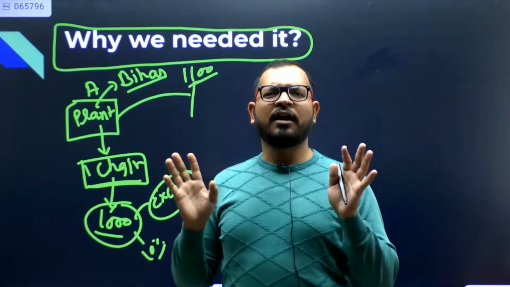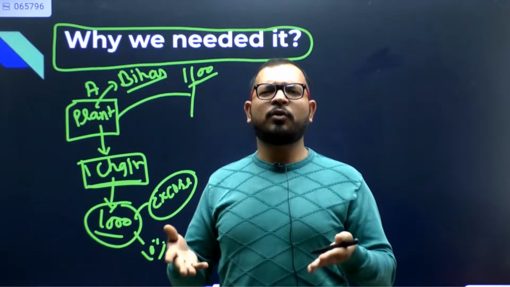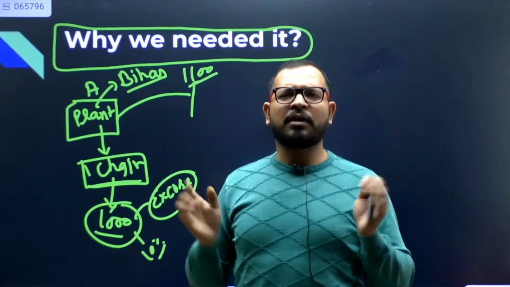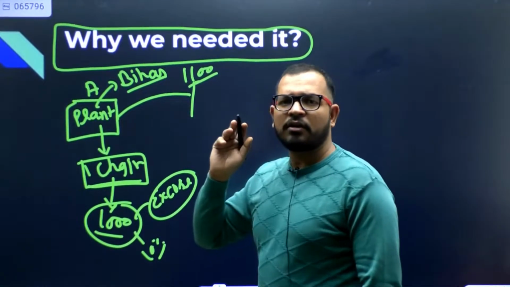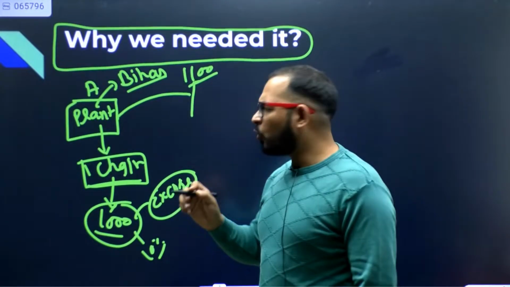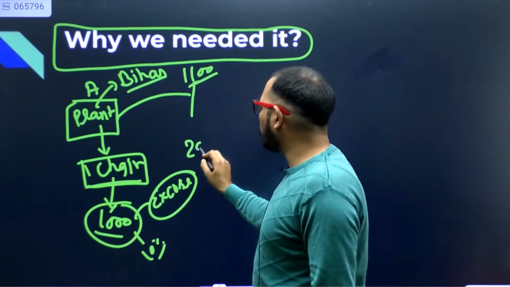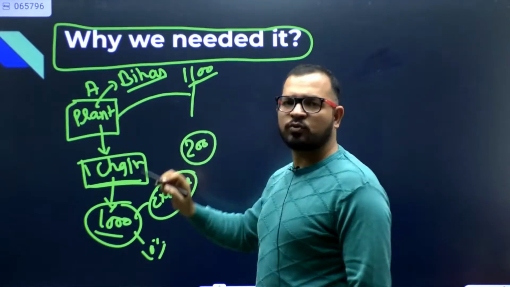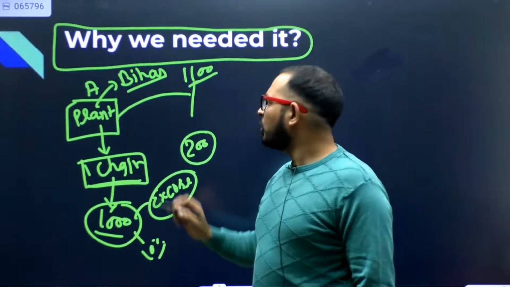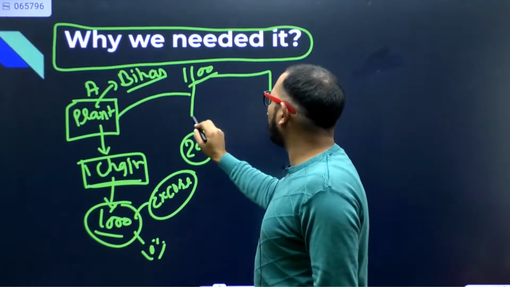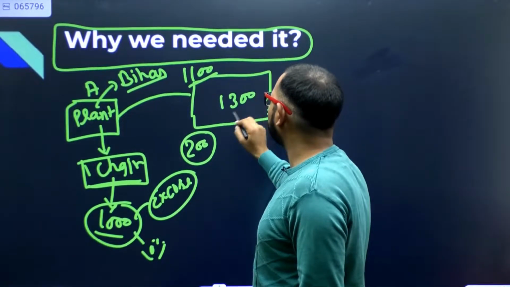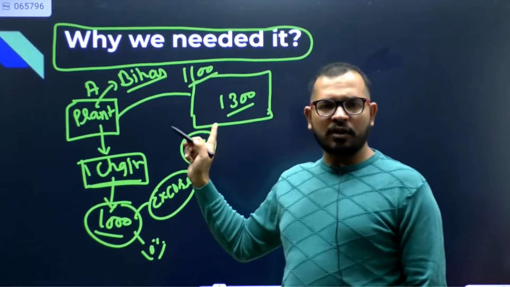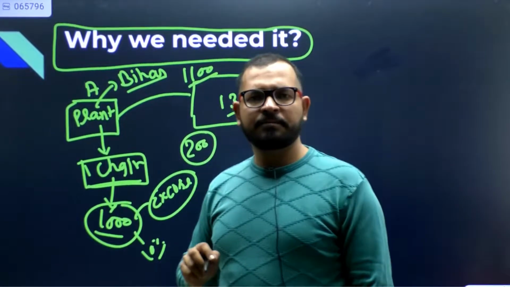So I added more cushion to it so that this chair becomes more comfortable. Whatever cushion I have added, that actual cost is 200. So the total chair cost becomes 1,300.